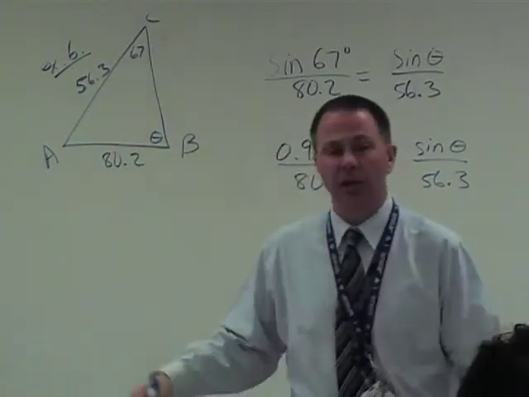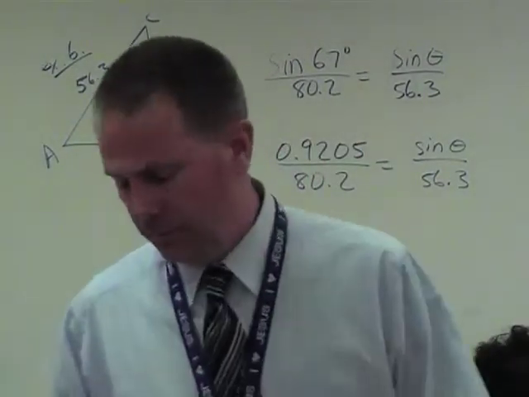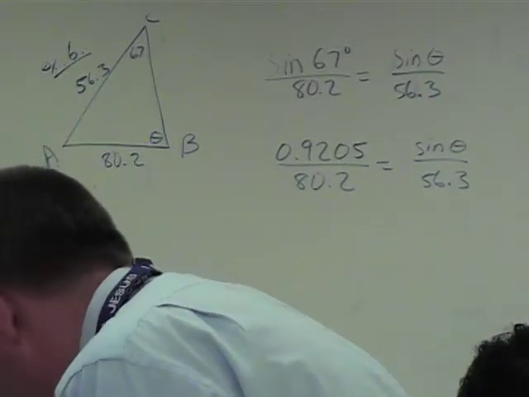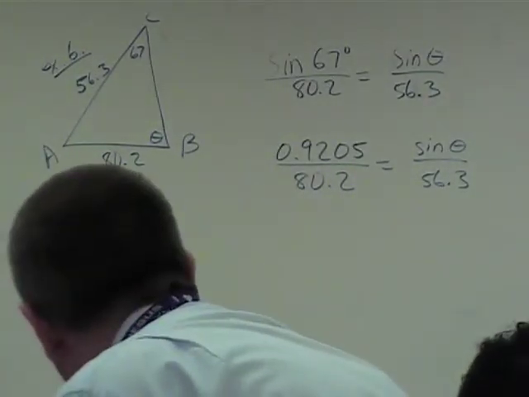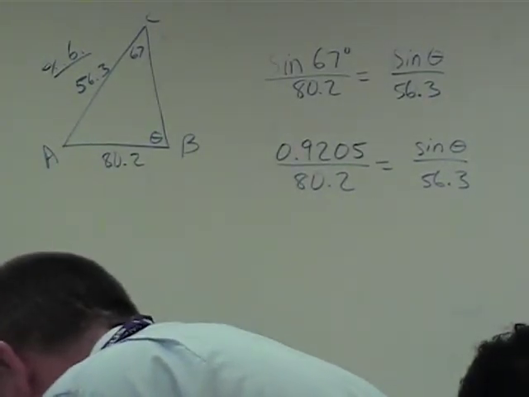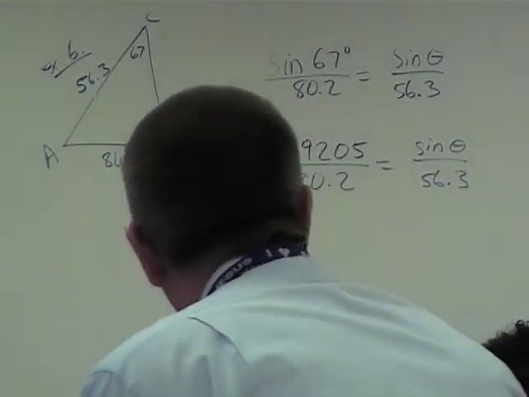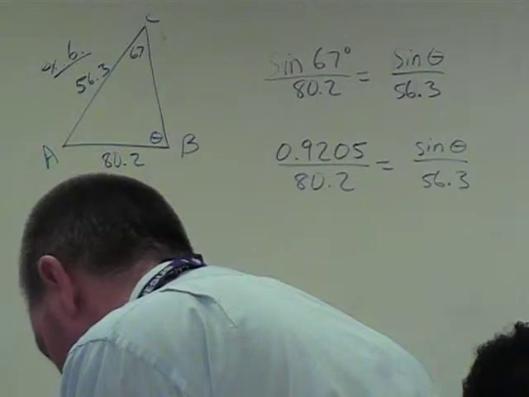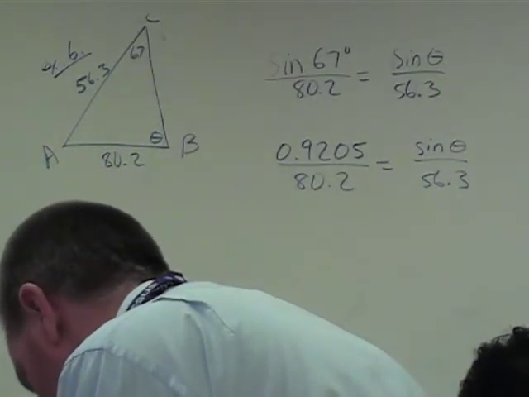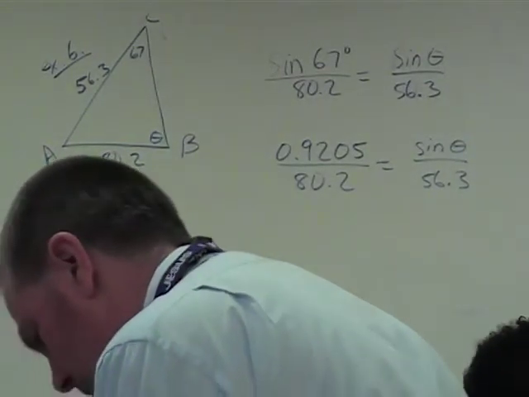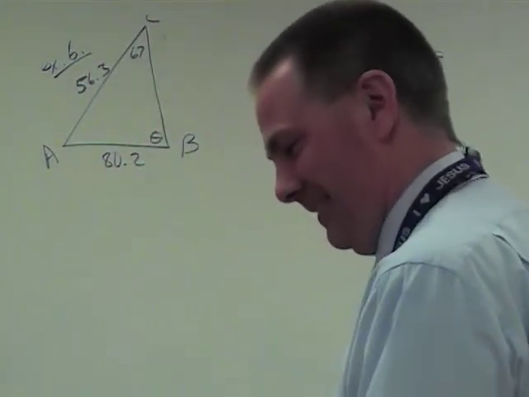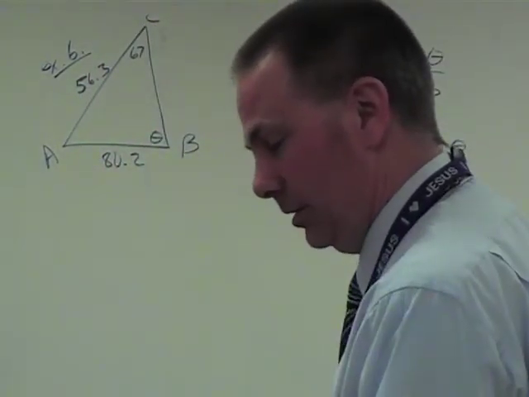0.9205 is not the right move. Everybody cross multiply. Sine 67. What did you put in? Show me. Do it again.